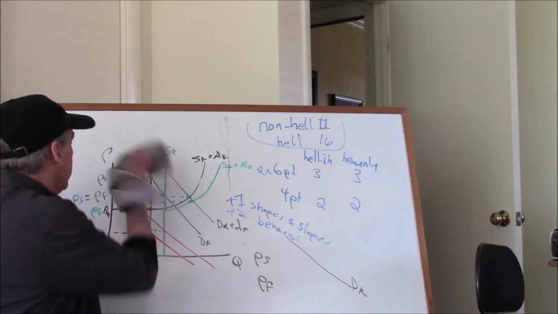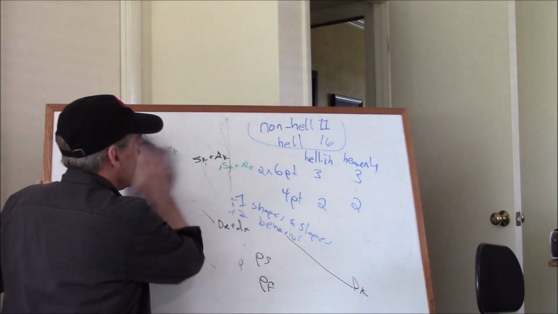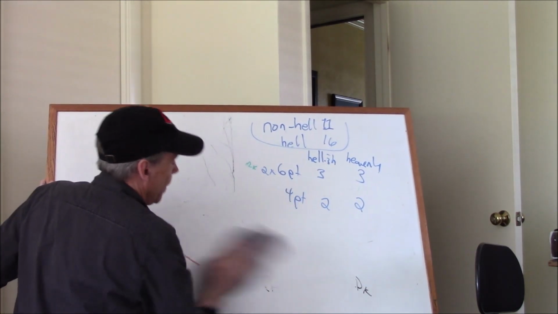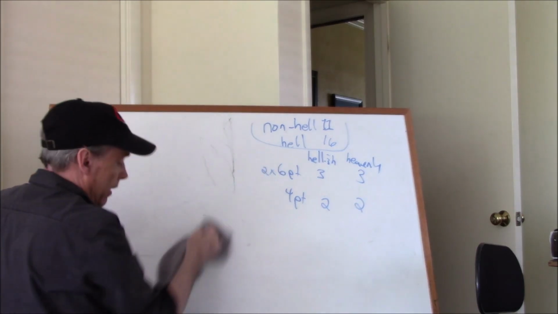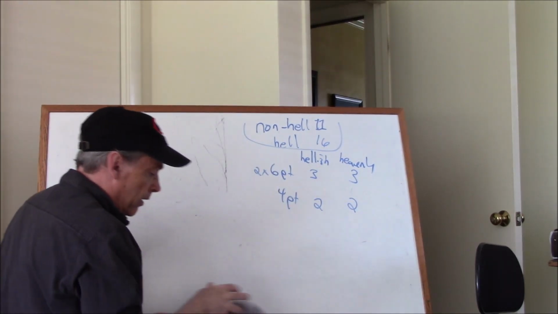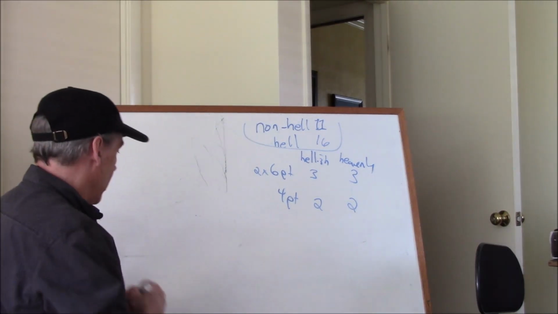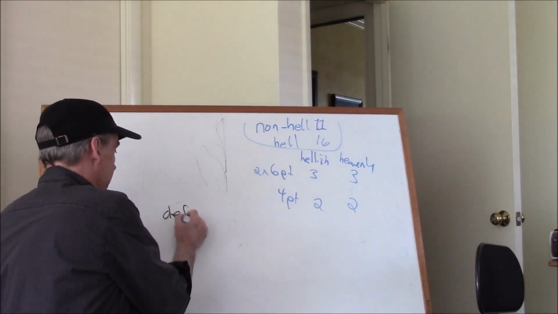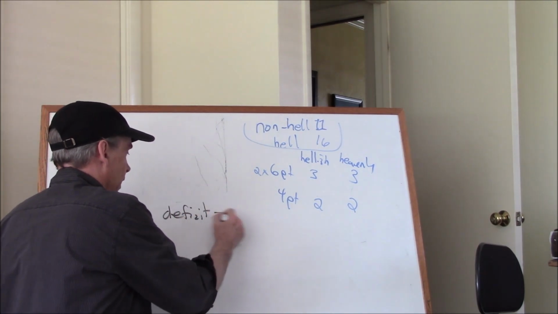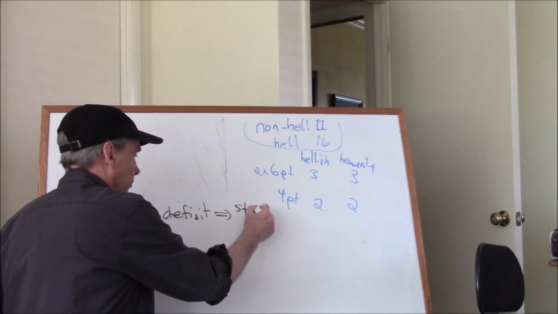On the other 2 hellish points, the vast majority of people got this one here. And of course, it's all about the fact that they believe that the economy doesn't generate full employment, right? So the deficit spending is supposed to stimulate the economy.